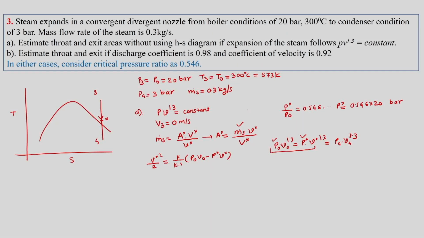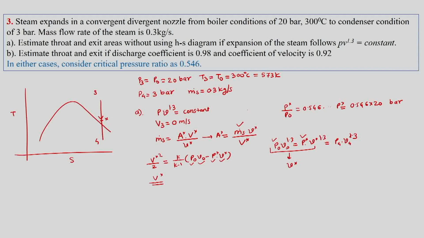Knowing P naught, V naught, and P star, we can find V star. So the specific volume at the sonic state is found. P star is known, P naught is known, V naught is known, K is equal to 1.3, and we found V star.